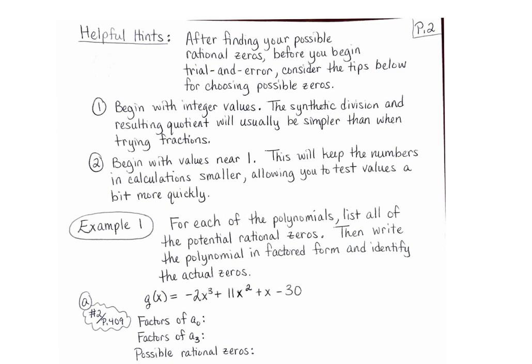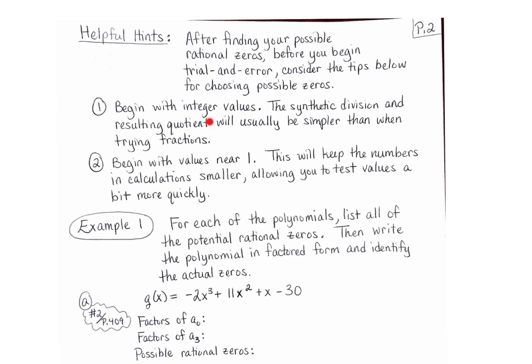What kind of zeros? What's the name of the theorem? Rational zeros. So some of the zeros you expect to be what? Rational numbers, which are the same thing as? Fractions. Very good.